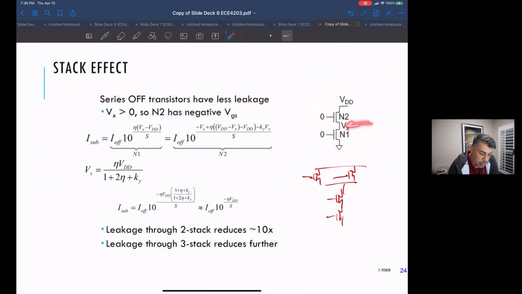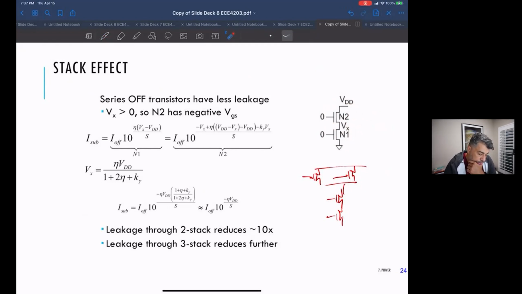Might have been, if this guy turned off before this guy, it kept the VDD here because this guy hadn't turned on. Then this guy doesn't see a gate source voltage of zero. It sees a negative gate source voltage. So this leakage current ends up being a lot less than the leakage current you'd normally assume from a normal NMOS transistor with a zero gate source voltage.